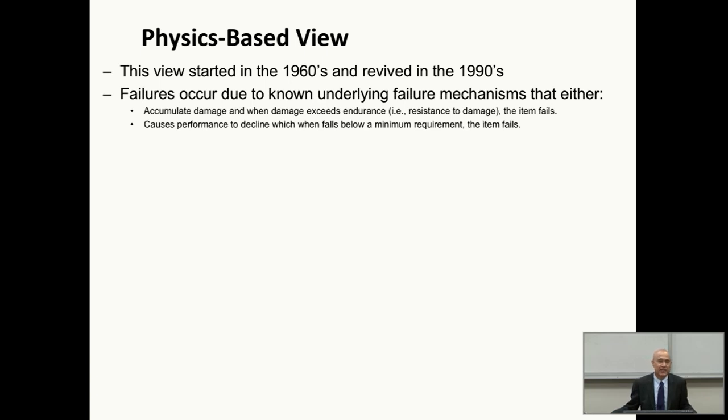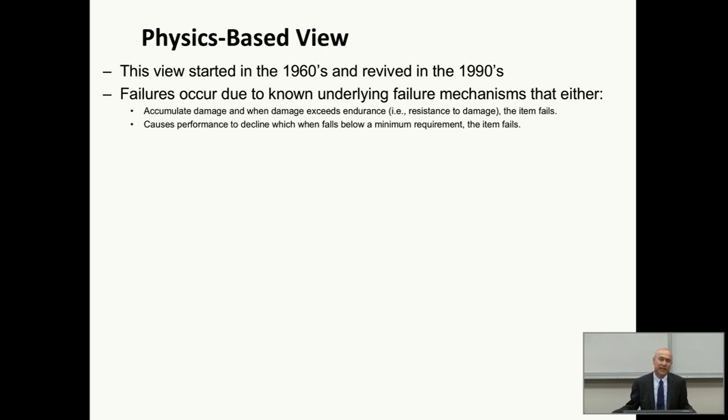The approach this methodology takes is that failures occur because of some underlying phenomena which we call failure mechanisms. These failure mechanisms cause failure or degrade the component, such as corrosion, fatigue of equipment or materials, cracking, and stress corrosion cracking.